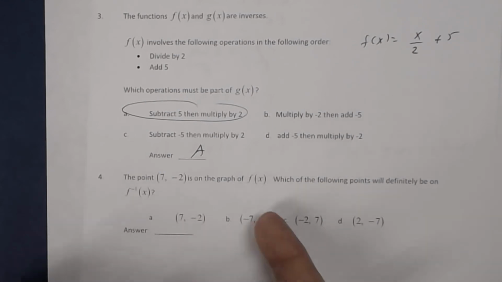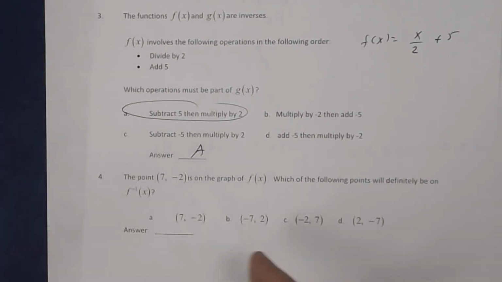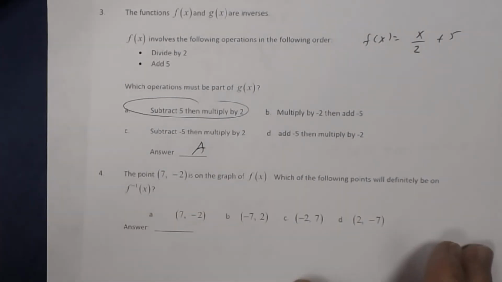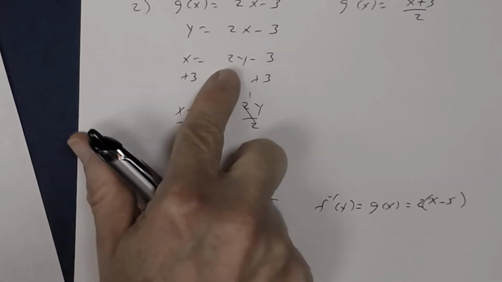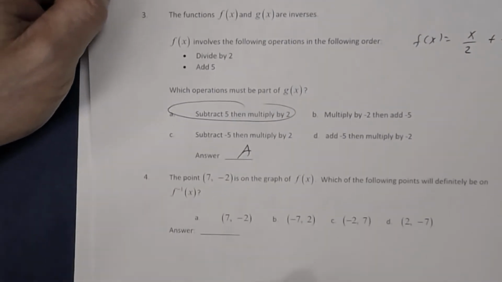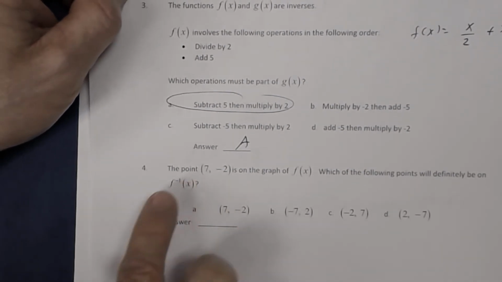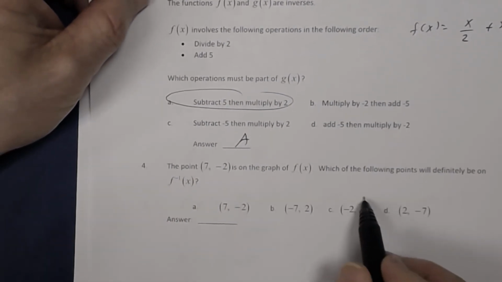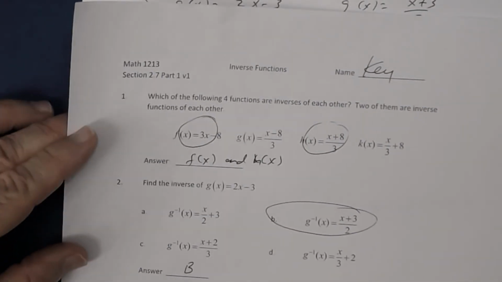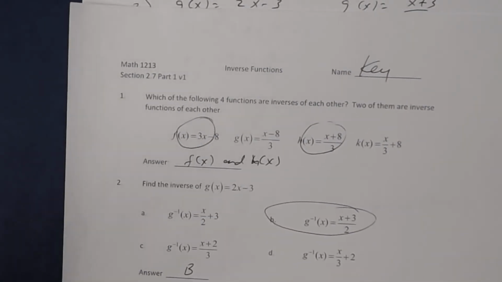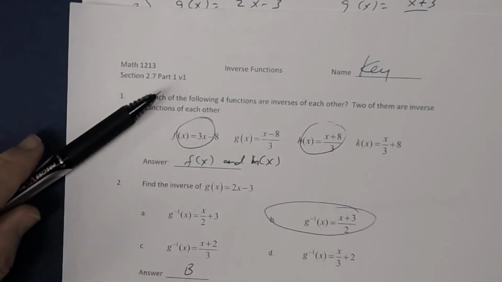Well, remember, the inverse is going to be an interchange. We went through this process. Remember, we interchanged the variables. So we're going to interchange the coordinates, and it'll be the point negative 2, 7. So negative 2, 7 is here. So it'll be C. All right, so that was the key to the worksheet on inverse functions, and that was part 1.